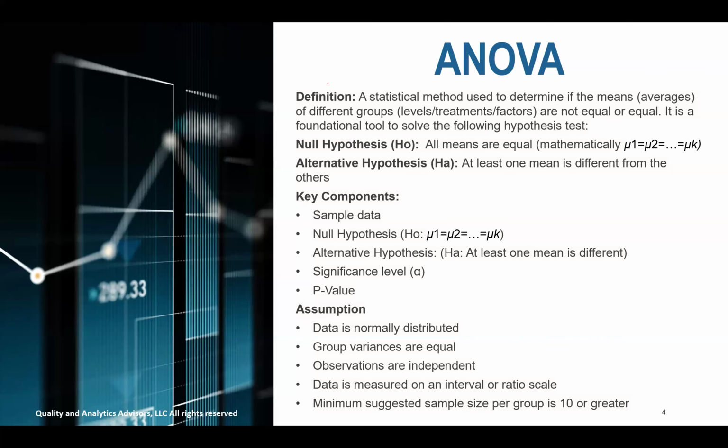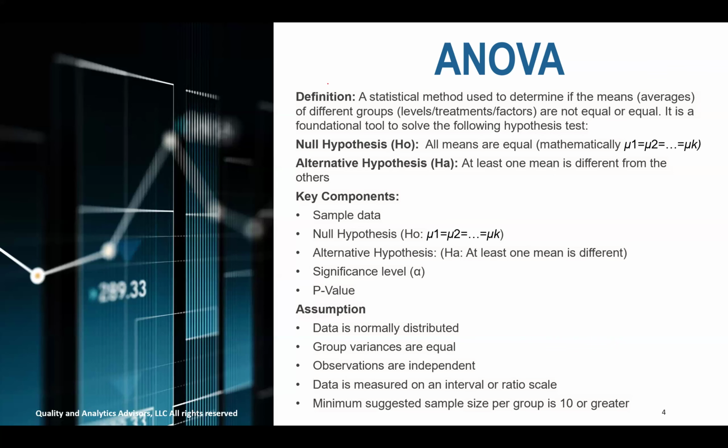To do this, we need to formulate a statement that is known as the null hypothesis. In this statement, we're going to state that all of the means are equal. Remember, we have two or more groups. Sometimes in books, they call them treatments or populations. So we have two or more, and that's where ANOVA applies.